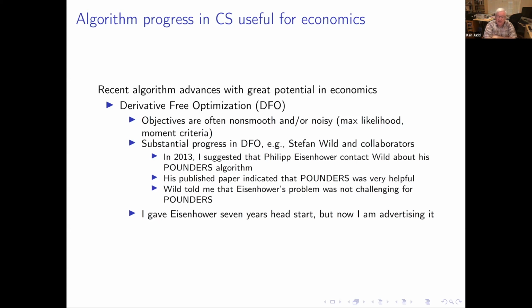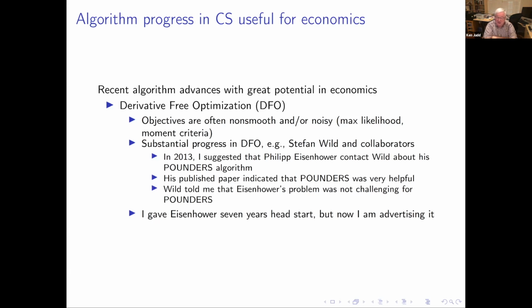And I said he should contact Stefan Wild, because I thought that his problem was the kind of problem that Pounders could do well on. And then Eisenhower, in a paper with Heckman, did use Pounders. By the way, I'm sure Heckman didn't have anything to do with the computing, so I say Philip did it. And the comments in the paper say that Pounders was very helpful in dealing with the optimization issues.